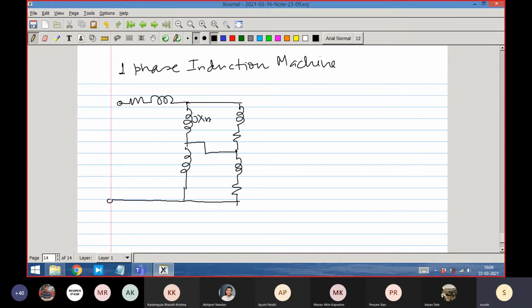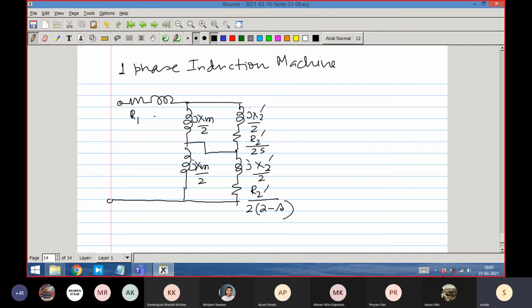This is jXm/2, jXm/2. This is jX2'/2. This is R2'/2s. This is jX2'/2, and this is R2'/2(2-s).